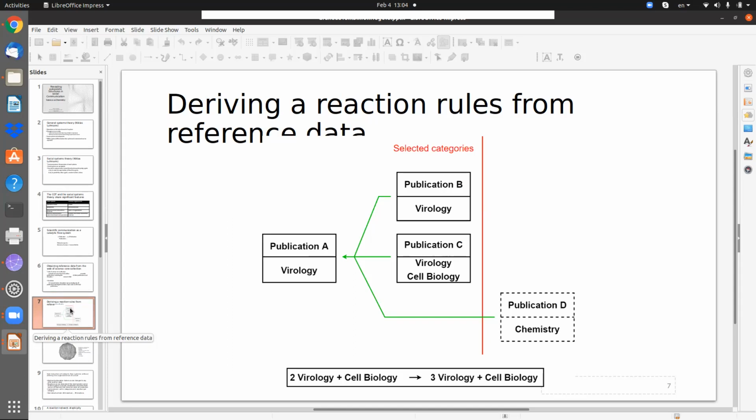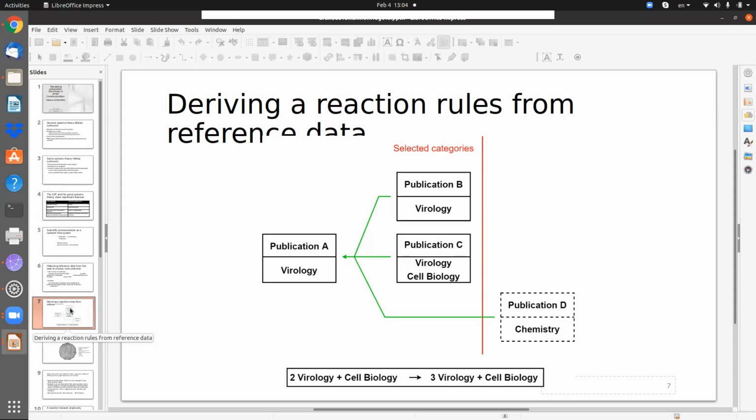Here again, I have a really basic representation of how I derived the producing reactions. Given a publication A from the research field of virology that cites 3 different other papers, one from virology, one from both virology and cell biology, and then another one from chemistry.